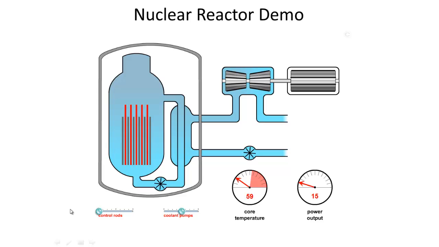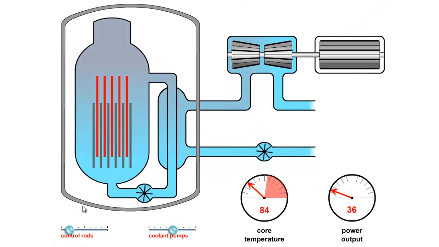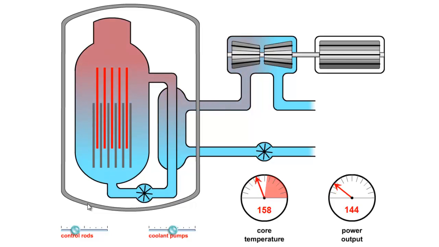We have some energy is produced here, but not very much. The temperature is low and the output is low. So what we're going to do is remove some of the control rods. Now, as we remove the control rods, less neutrons have been absorbed, so it heats up further, the temperature will increase, the power output will increase.